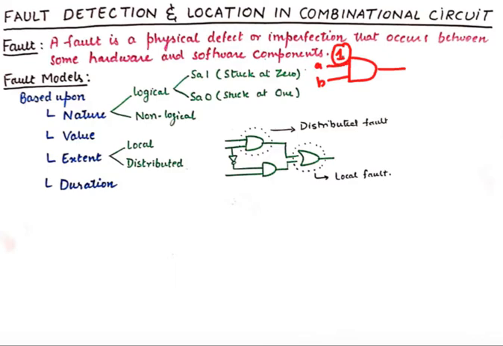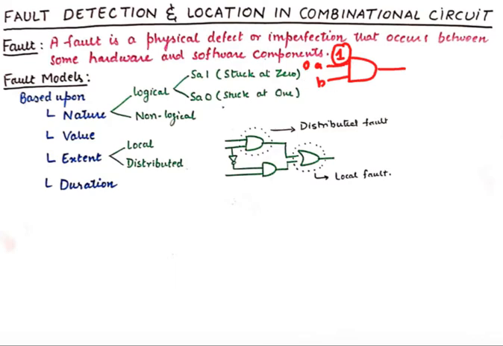If A is not changing its value and it is stuck at 1, it will be known as stuck at 1 fault. Even if we give a 0 at the input, it would not give a 0 at the gate. So that's known as a stuck at 0 or a stuck at 1.